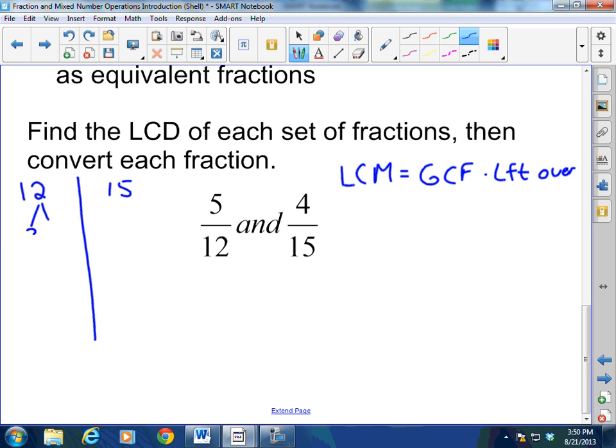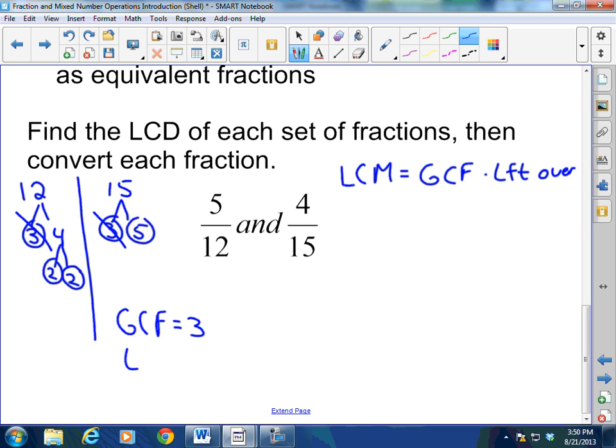So the 12 breaks down into 3 times 4. 4 breaks down into 2 times 2. 15 breaks down into 3 times 5. So first things first, I've got to find my GCF. My GCF here is, I've got a 3 and a 3, and that's all I've got. That's my GCF.